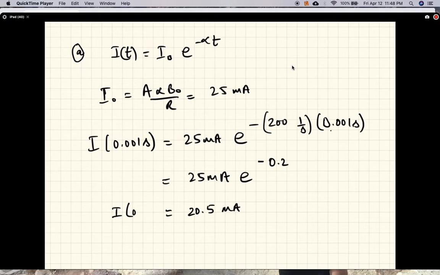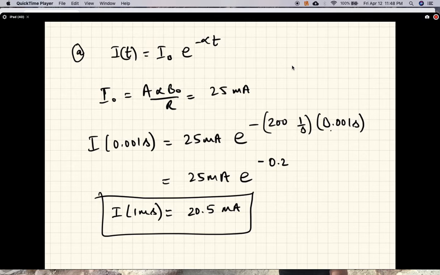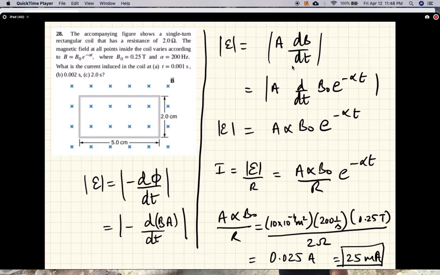So the current at 1 millisecond is 20.5 milliamps. Similarly, you can do it at 2 milliseconds, and I won't do that. You guys can do that.